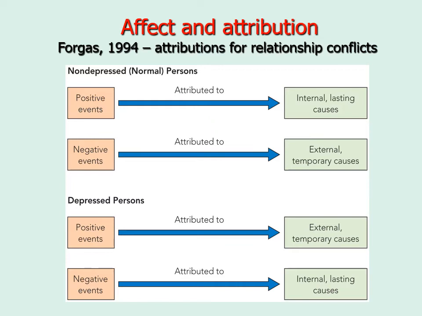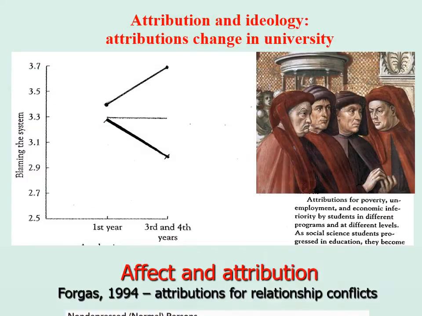Depressed mood, on the other hand, distorts the attributional process such that people in a depressed mood interpret even positive relationship situations as due to external causes and negative events as due to internal causes. In other words, they do not take credit for things that are relatively positive, and they blame themselves more when something is negative. The way you feel, your mood, biases the kind of attributions you make.